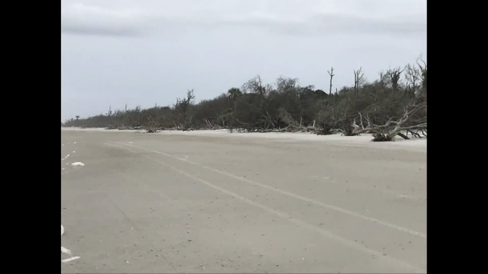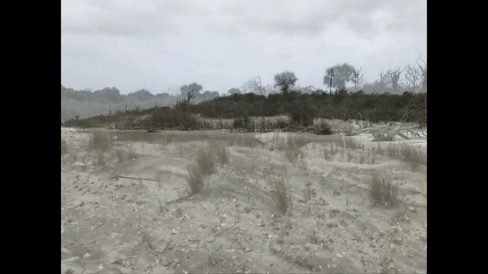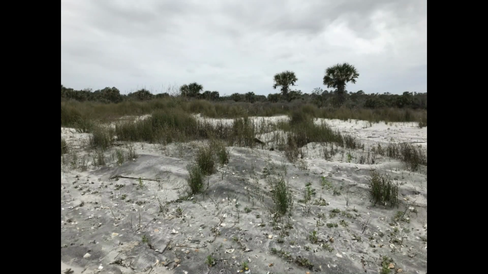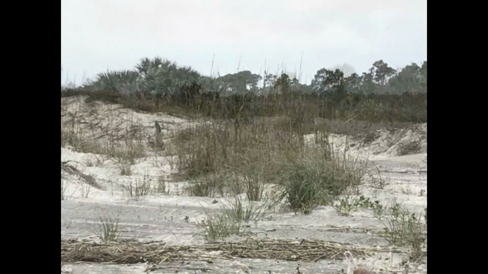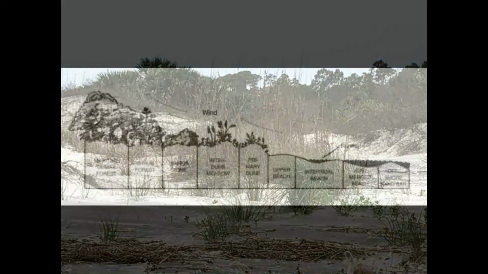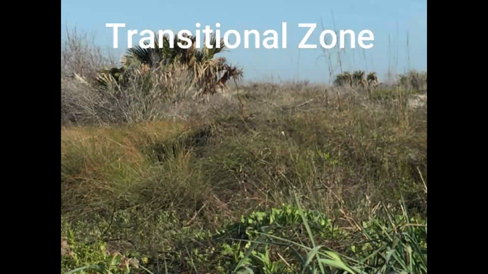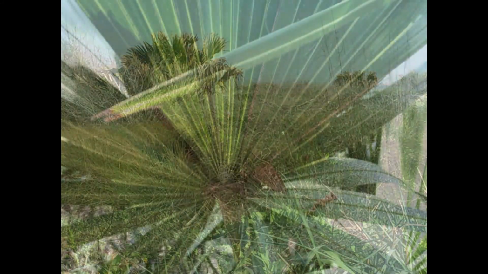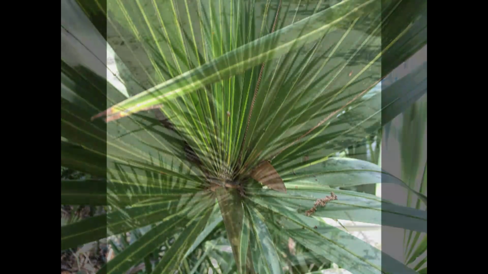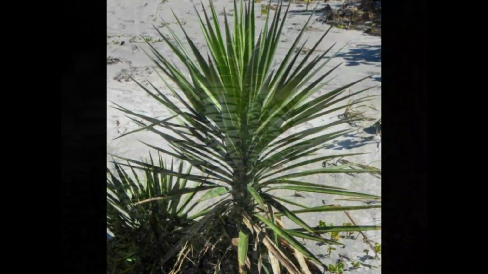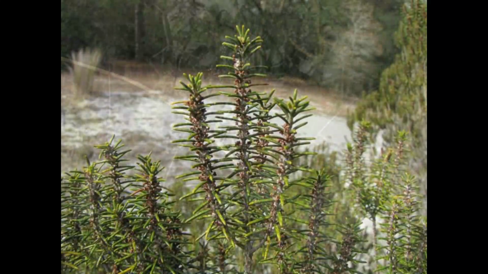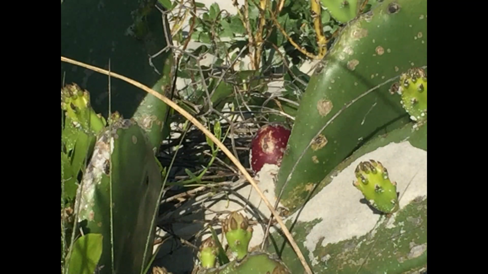The primary phase of succession in the coastal uplands is represented by the foredune. The second and intermediate phases are represented by the transitional zone. Plants that grow in this transitional zone are saw palmetto, Spanish bayonet, Florida rosemary, and prickly pear cactus.